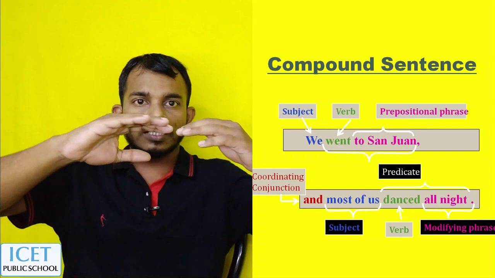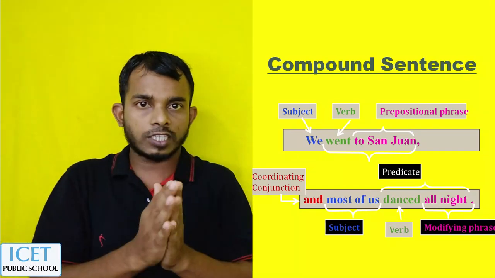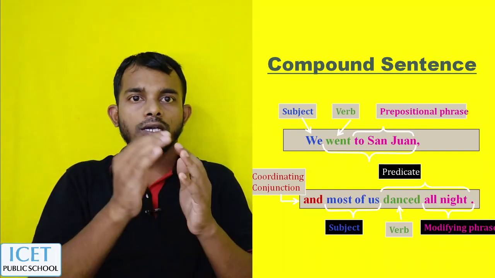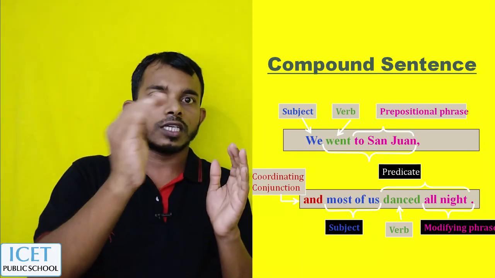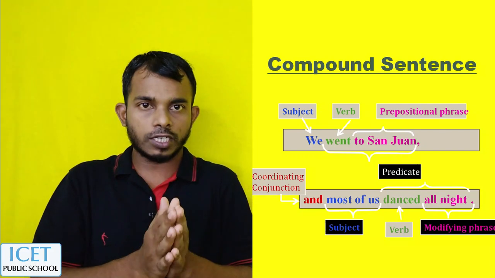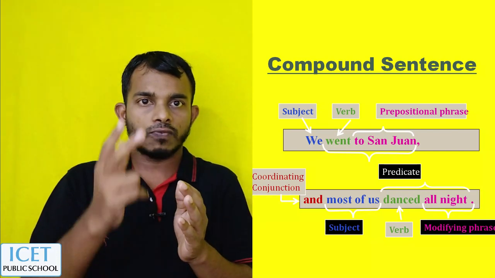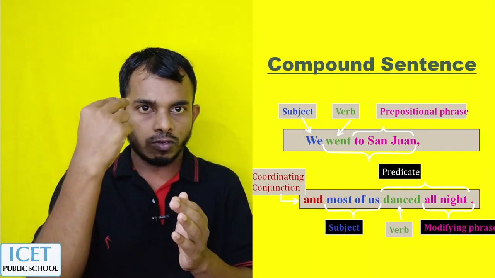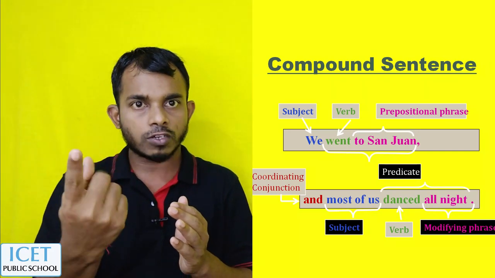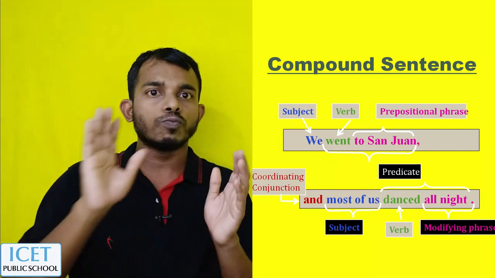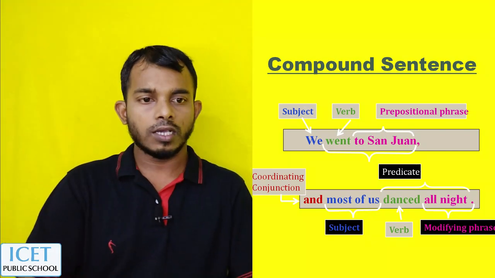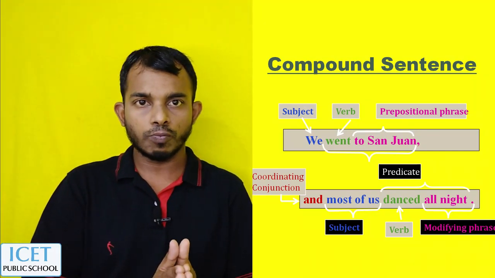So two sentences have been connected by the coordinating conjunction and, to make a sentence. It is called a compound sentence. A compound sentence will have two parts: a first clause and a second clause, or two subjects and two predicate parts. I hope you understood.